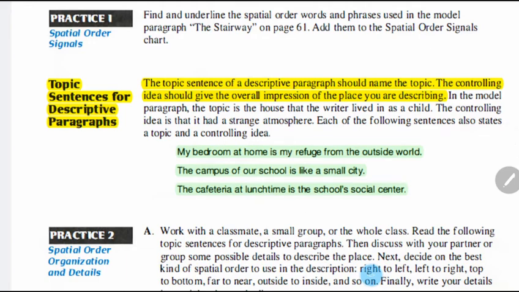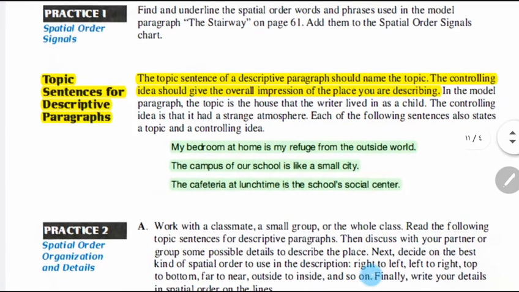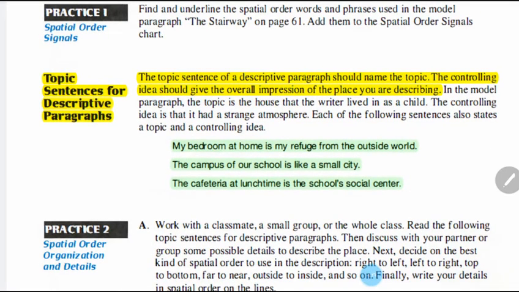Topic sentence for a descriptive paragraph. The topic sentence of a descriptive paragraph should name the topic. What's the topic? My room, my studying room, my school, my college, my classroom. So you have to name the thing that you are talking about. The controlling idea should give the overall impression of the place you are describing. For example, my bedroom at home is my refuge from the outside world.